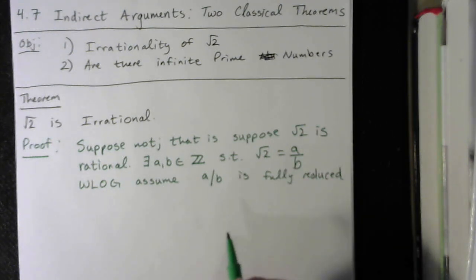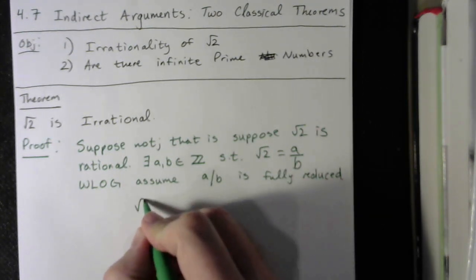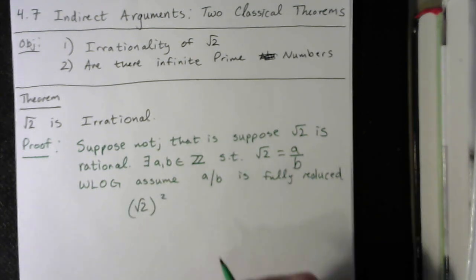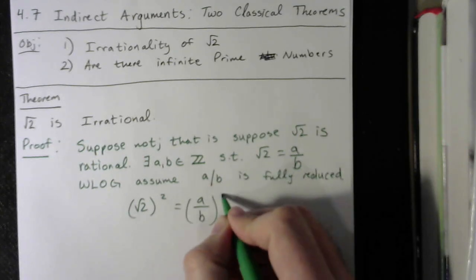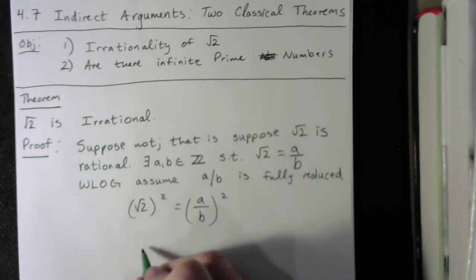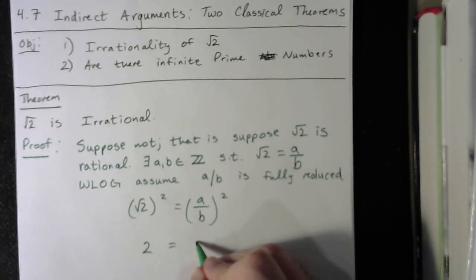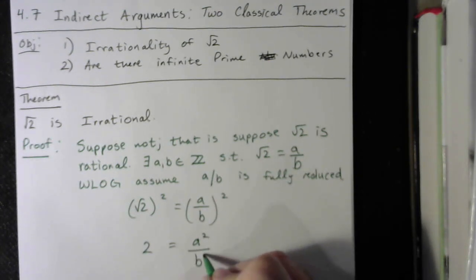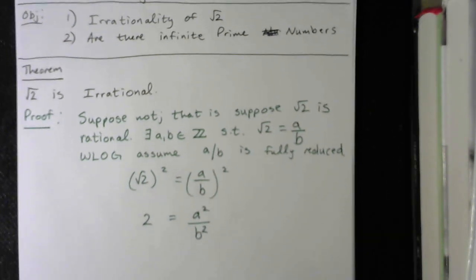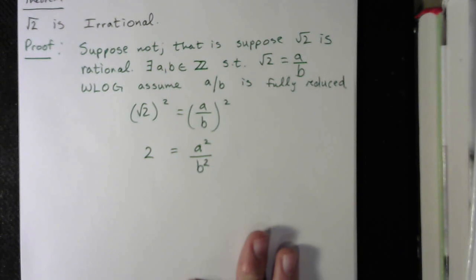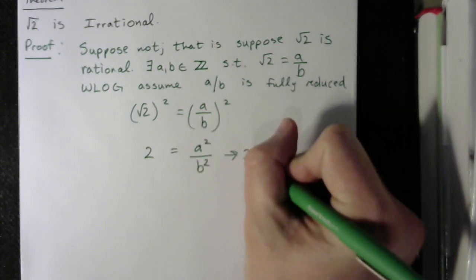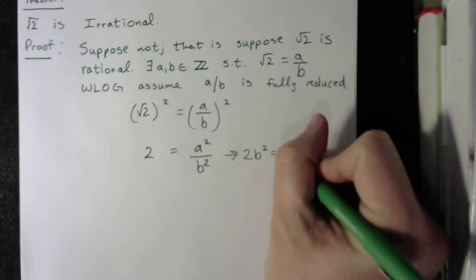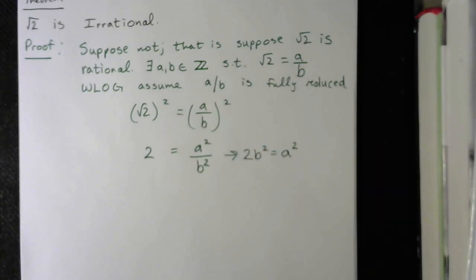So from here, we're going to look at the square root of 2 squared, and we know that that's going to be a over b squared, and so we have that 2 equals a squared over b squared. Or 2b squared equals a squared.